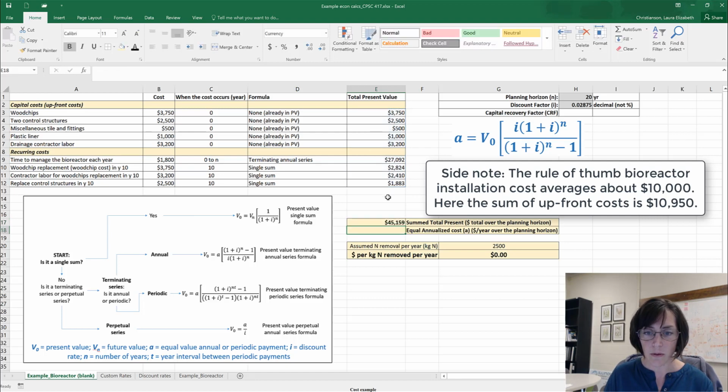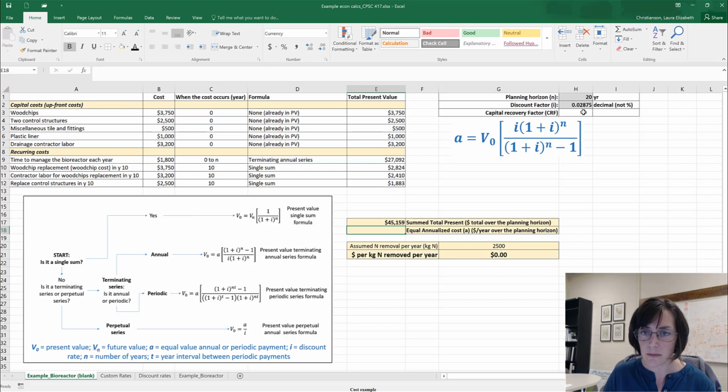Now let's do the equal annualized cost part. This is dollars per year over the planning horizon, and this is where the capital recovery factor comes in. So here I'm going to follow this part of the formula inside the brackets. That's my capital recovery factor. Equals, I'm going to start with a couple extra parentheses here.